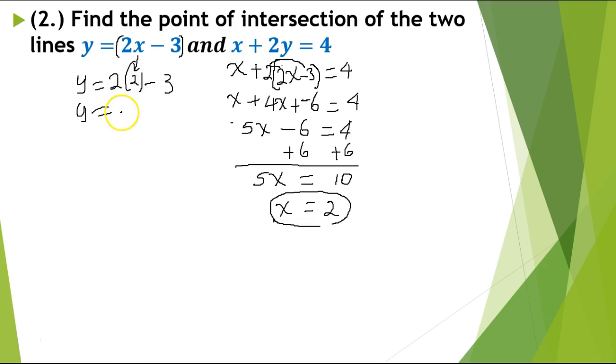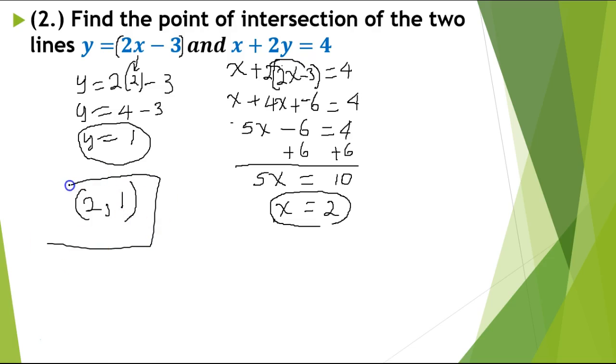Again, make sure you follow the order of operations. 2 times 2 is 4, minus 3, so y equals 1. And that's y. So our solution, as an ordered pair with x first, is (2, 1). Alright, and that's our final answer.